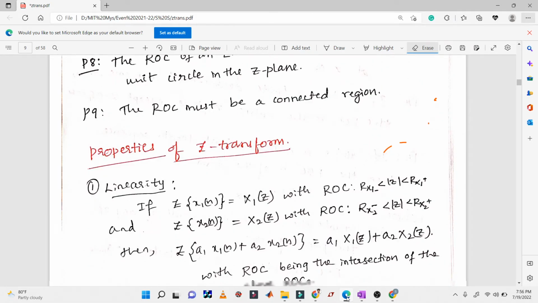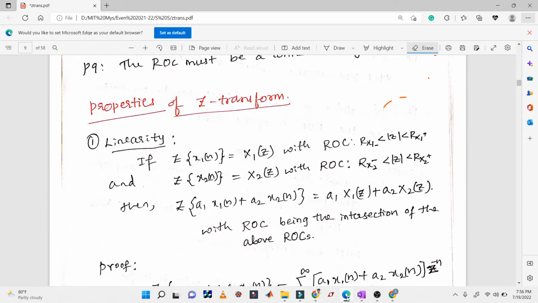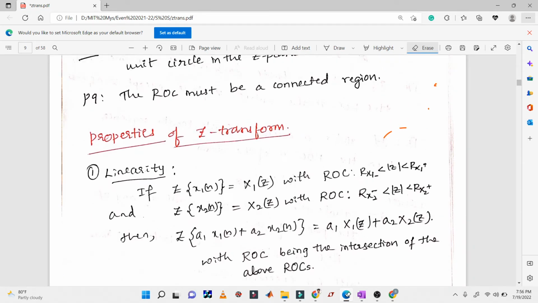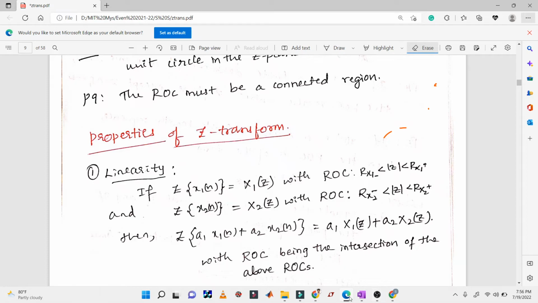After that we have, for a stable system, ROC must include the unit circle, and another point, ROC must be a connected region. If you remember this, you can write these properties. These are very, very important properties which we use throughout this module.